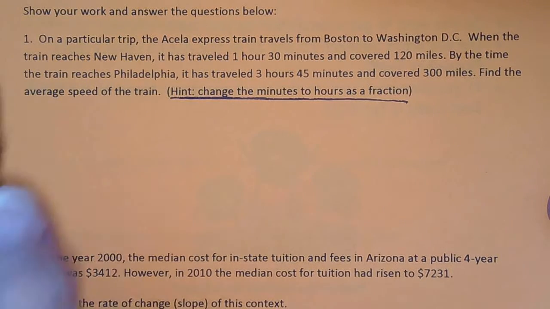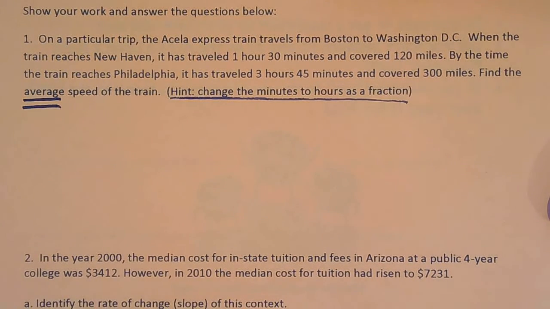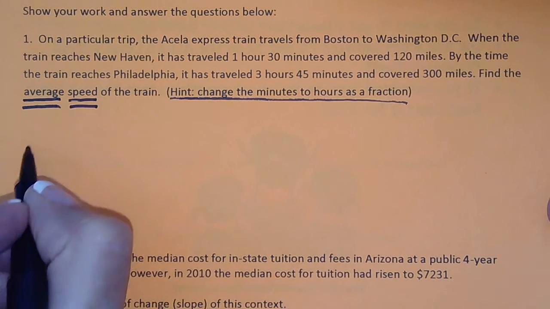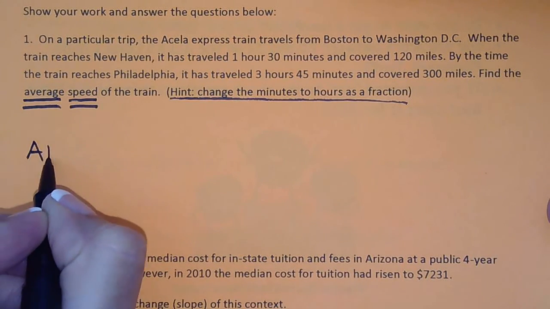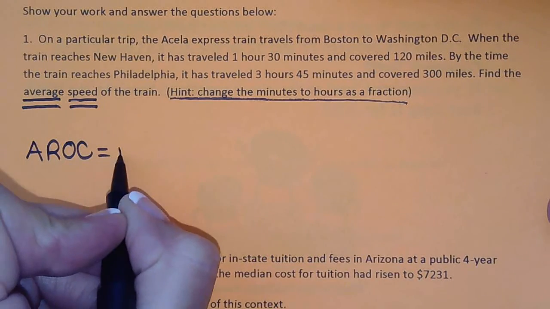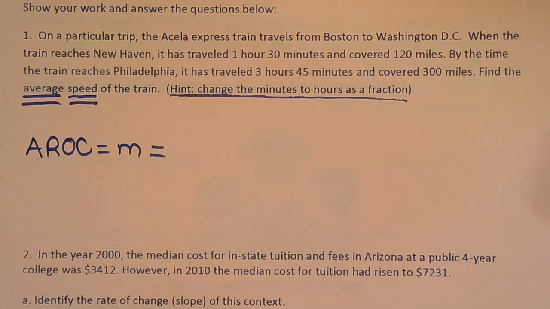So when they say average speed, does that make you think of average rate of change or slope? That's what that's asking for. Remember how we did that activity that had the 8 different scenarios on it?